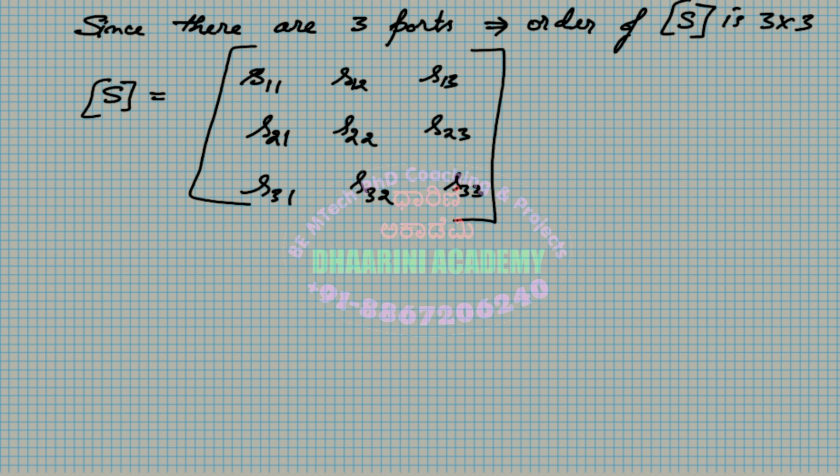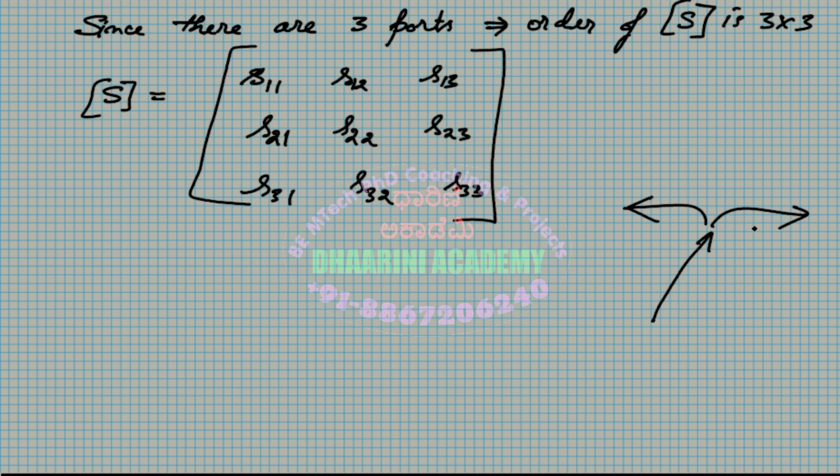First, there is what is called a plane of symmetry. When I give energy from one port, if the energy gets divided equally into the other two ports, then we say that those ports are symmetric. We already defined there is a plane of symmetry for this particular device. If you remember, from the third port we drew a plane of symmetry. Whatever is on the left side will be on the right side as well.